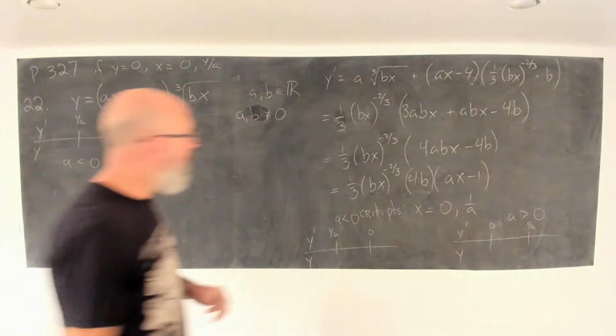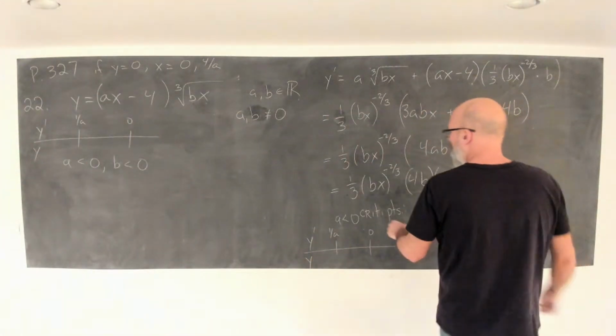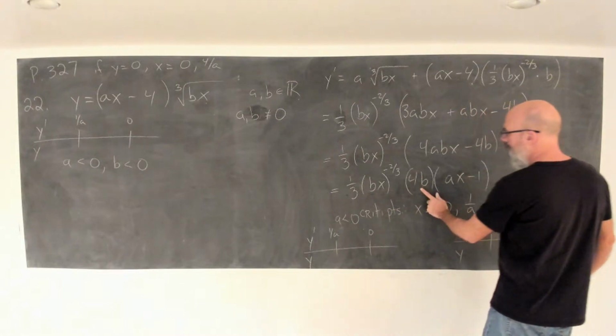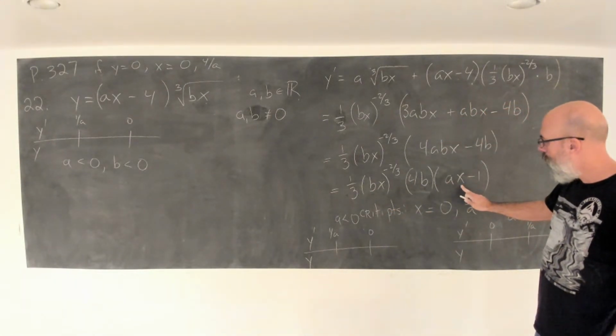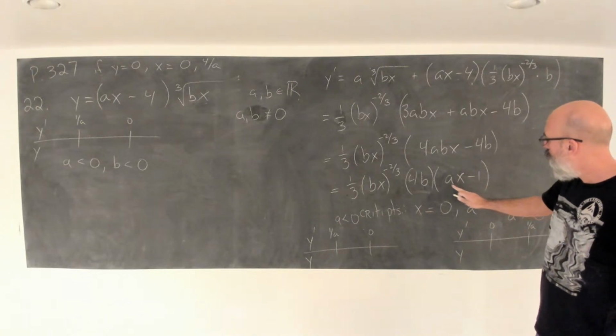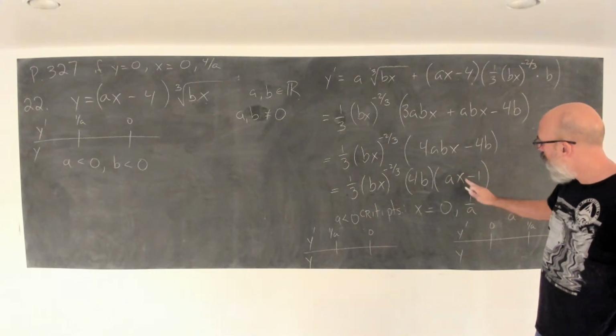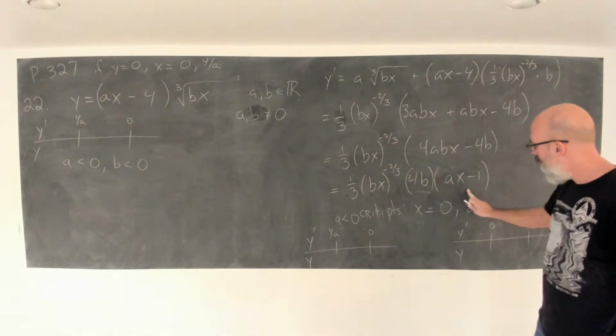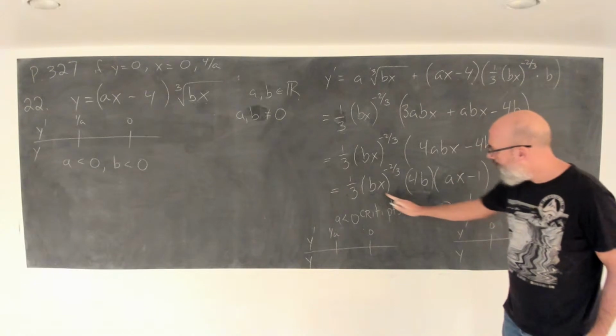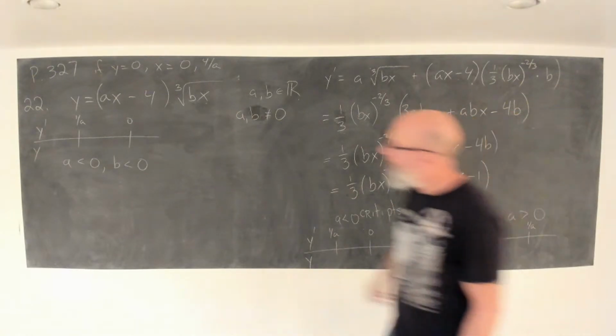And what happens then? So positive, positive, negative. What happens here? If you take a large, so a is negative, if you take a large negative number for x, this is going to be a large positive. Minus 1 is going to be positive. So positive, negative, positive, positive. The whole thing is negative.